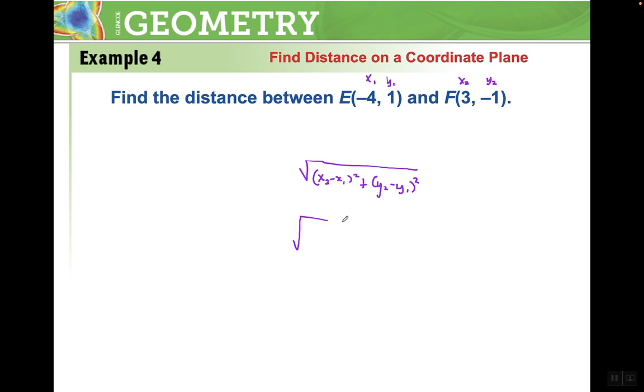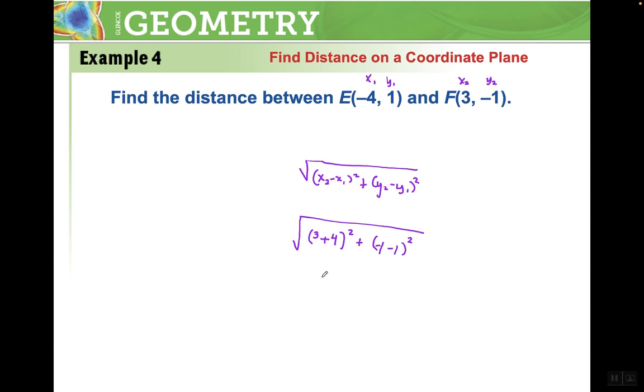So we'll find the square root of, let's take x2 and subtract x1. x2 is 3. And we're going to subtract x1, so it's minus a negative 4 or plus 4. And then we'll square it. Add it to the difference of your y's squared. So y2 is negative 1. And you're subtracting 1, squared. Okay.